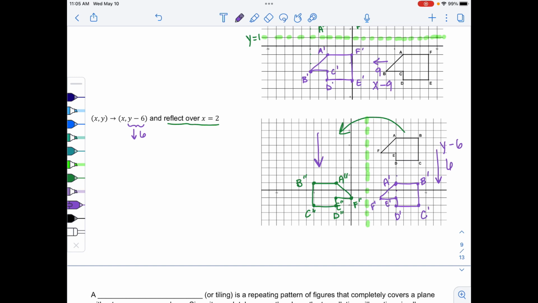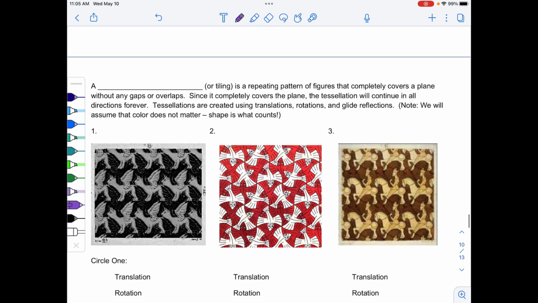The last thing we need to discuss is called a tessellation. T-E-S-S-E-L-L-A-T-I-O-N. MC Escher in the back of my room is known for his tessellated images. If you're in class right now listening to this, just look at the backboard, and you can see many pieces of artwork from MC Escher that does tons with translations with tessellations.